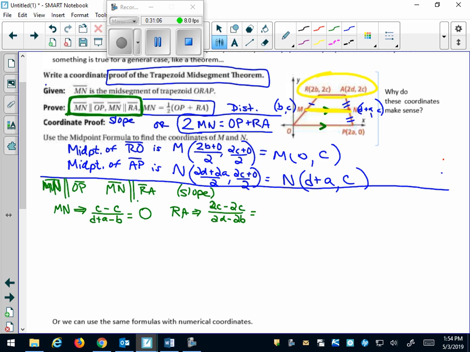Again, what's 2c minus 2c? 0. Doesn't matter what's on the bottom, it's going to be 0. All right, we need the slope of OP. So again, we're using 0, 0 as one of the ordered pairs. So y minus y is 0 minus 0. Again, it doesn't matter what's on the bottom because the slope is 0.